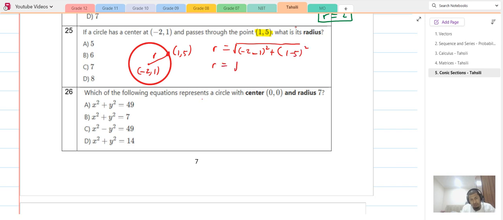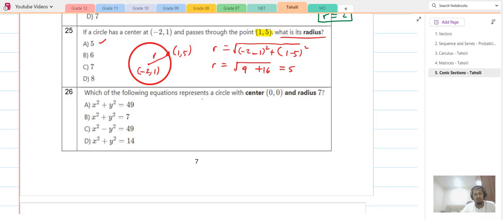So we're getting r is equal to the square root of 9, because -3 squared is 9, plus 16, right? 9 plus 16 is 25, and the square root of 25 is 5. So the radius is 5. What is its radius? Radius is 5.